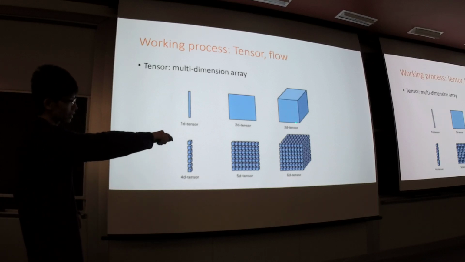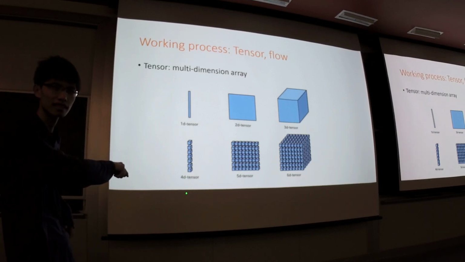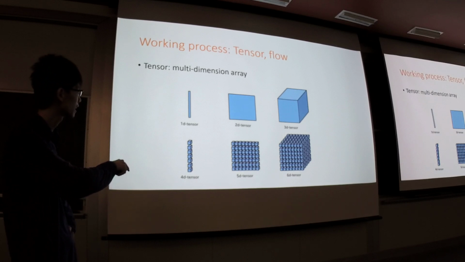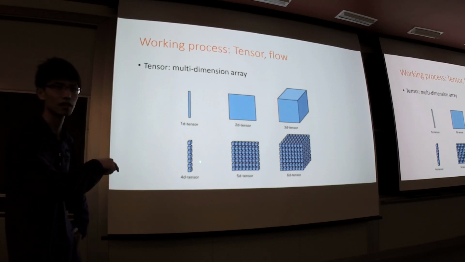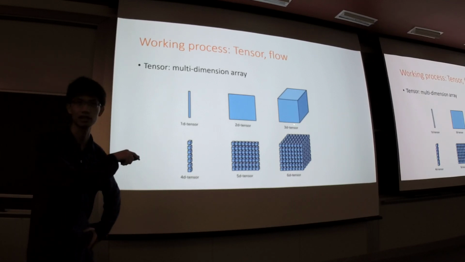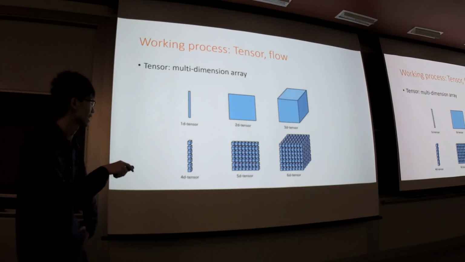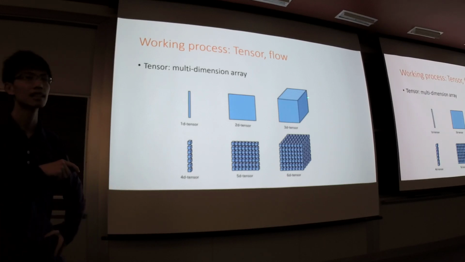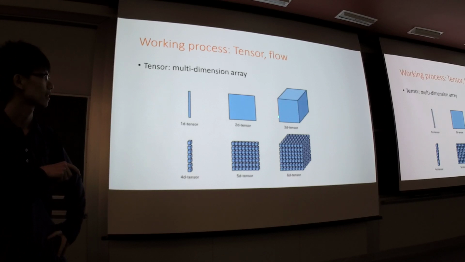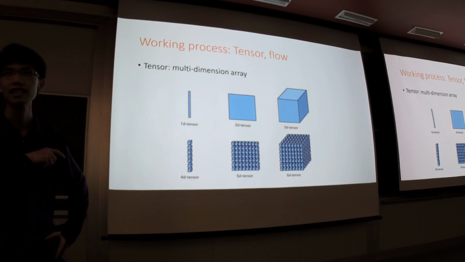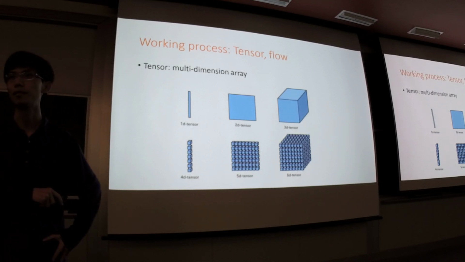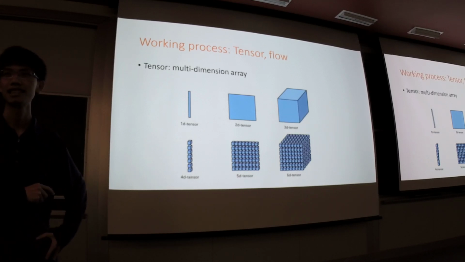So the 3D tensor, how about the 4D tensor? You can think every element of this 4D tensor is a 3D tensor, right? Just like this is an image. We have pixels, column pixels, and row pixels, and different RGB channels. And I have a bunch of images, then we have a 4D tensor.